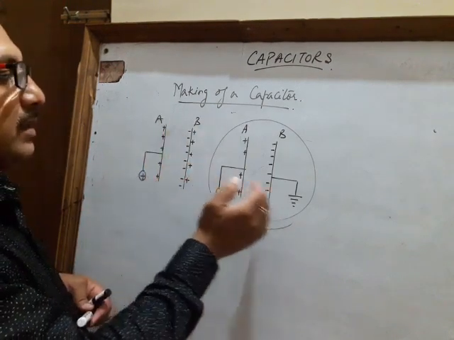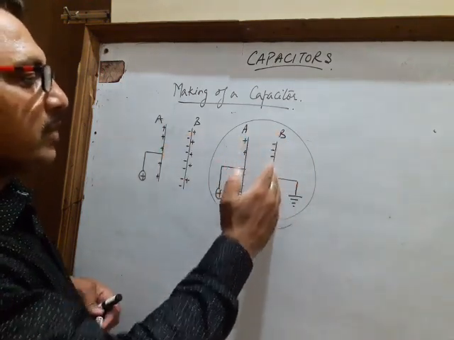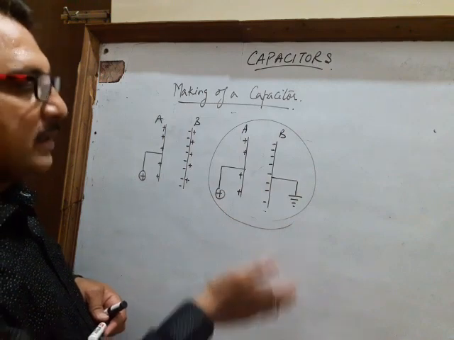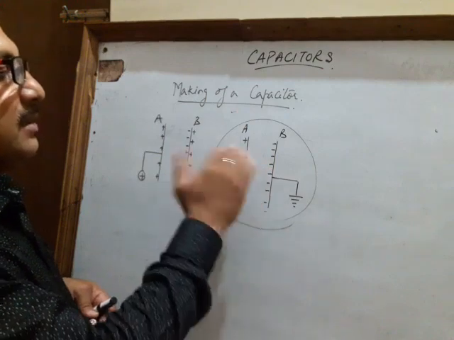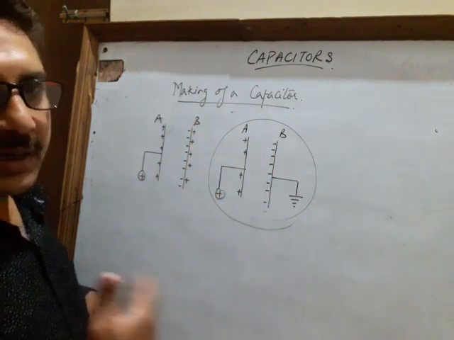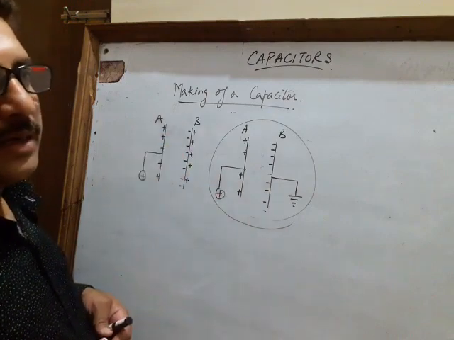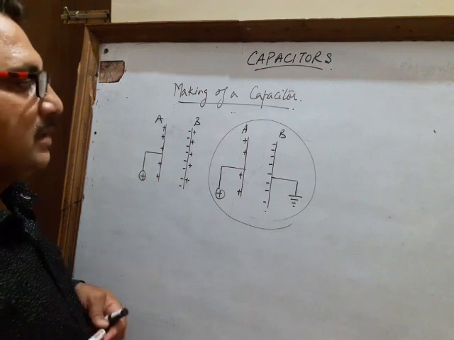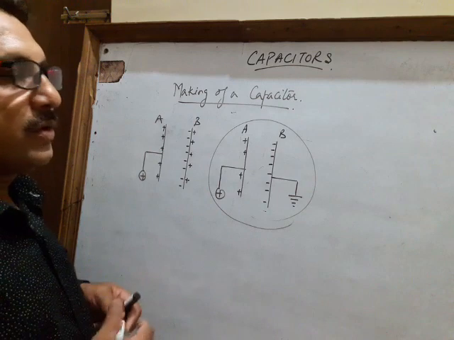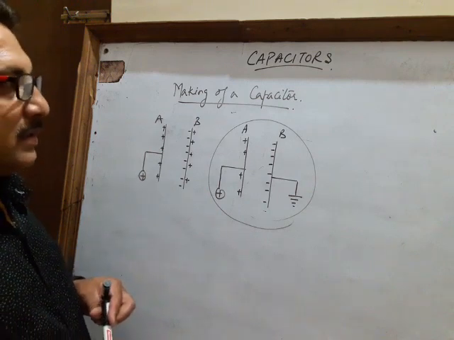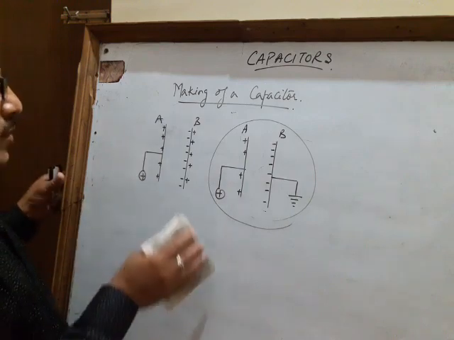But if I give earthing to the outer surface of plate B, then the positive charge goes to the earth, and now we are left only with a negative charge on the inner face of plate B. Hence, the potential of plate A is continuously decreased. Hence, we can say this plate A can now hold more amount of charge, and this is a charge storing device. Now, this is what we call a capacitor. So, students, I hope you have understood the principle of making of a capacitor.